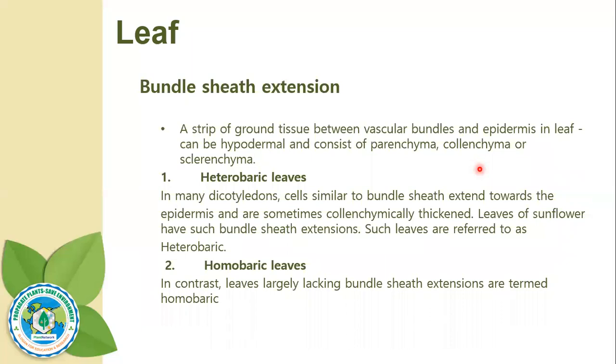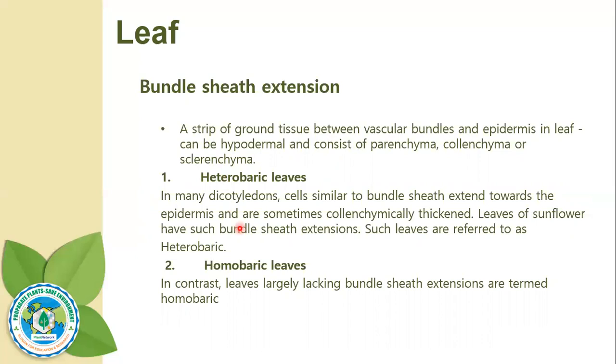Next is the bundle sheath extension. A strip of the ground tissue between the vascular bundles and epidermis in the leaf can be hypodermal and consist of parenchyma, collenchyma, or sclerenchyma. There are two types of leaves on the basis of the bundle sheath extension.